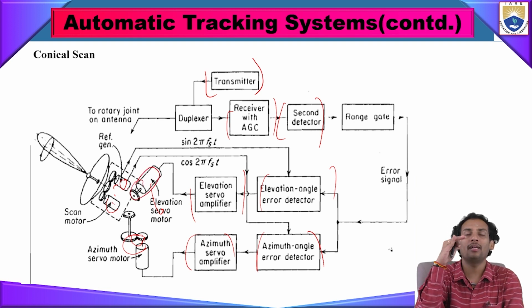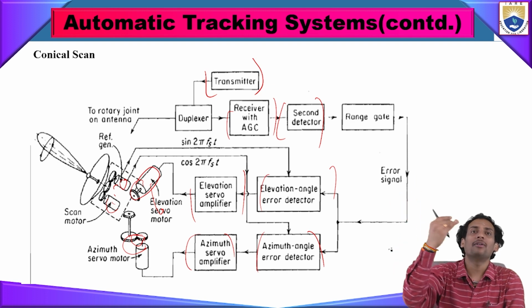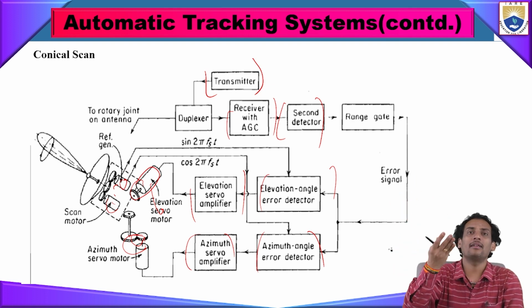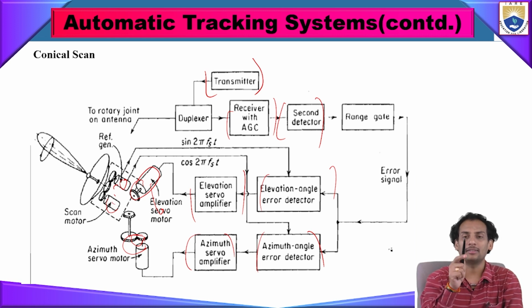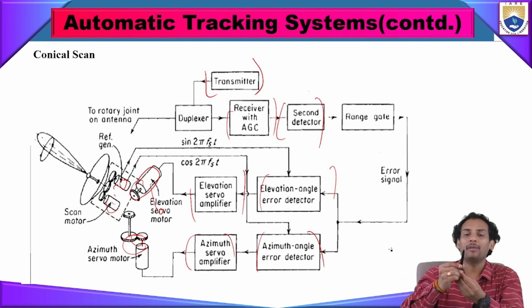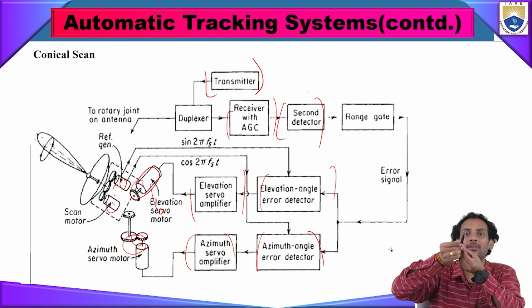The motors will detect the error by sending signals to the target, and according to the signal and the error detection, it will rotate, and the elevation angle and azimuth angle will be set like that.